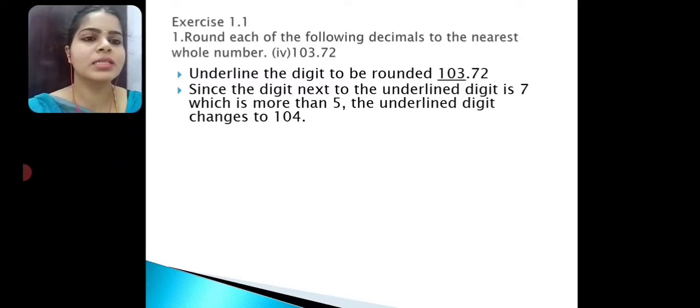Since the digit next to the underlined digit is 7, which is more than 5, the underlined digit changes to 104.